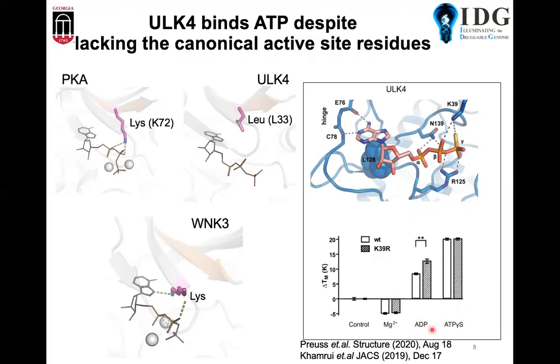In fact, even in the presence and absence of magnesium, or in the presence of ATP and ADP, there is no difference in the thermal stability of the protein, suggesting that the lysine is really not contributing to stabilization or binding of ATP as predicted.